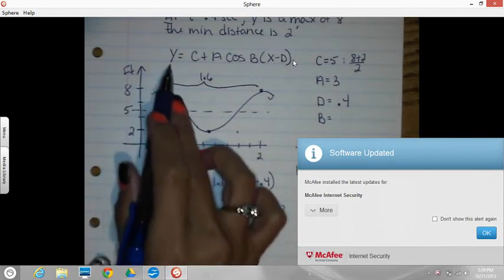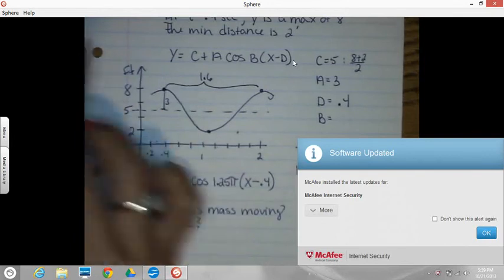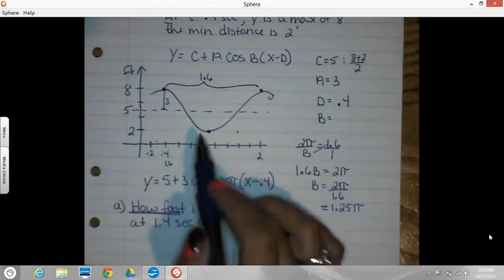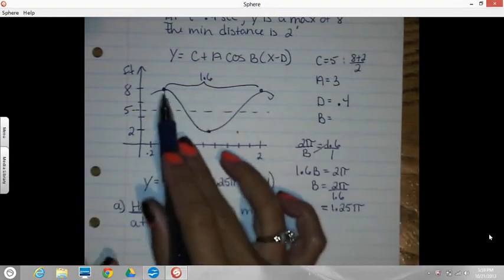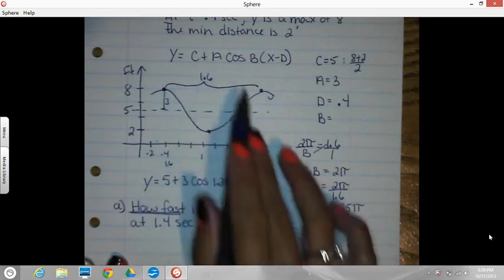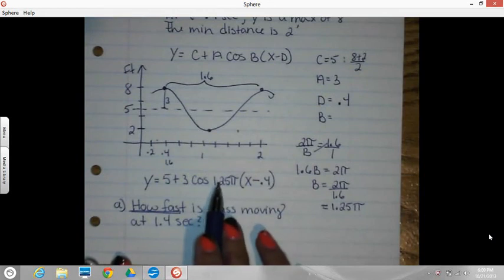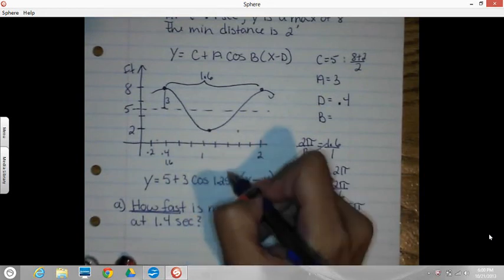So we've got to do the derivative of distance to get the velocity. So, derivative here. Be very careful here. I think it's best to distribute this in.